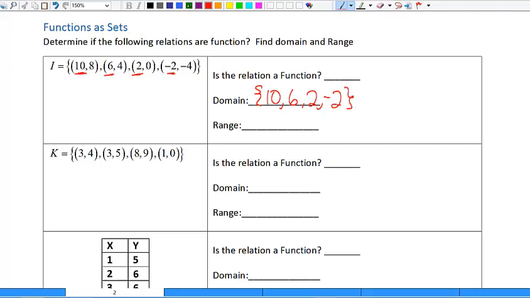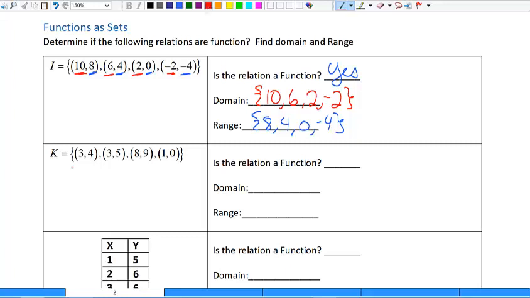The range is just the y values: 8, 4, 0, and -4. And then to answer the question, is this relation a function? I have to decide, are any of the red x values ever mapped to more than one y value? Well, since the red x values don't repeat at all, you know that two x values can't be going to two different y values.